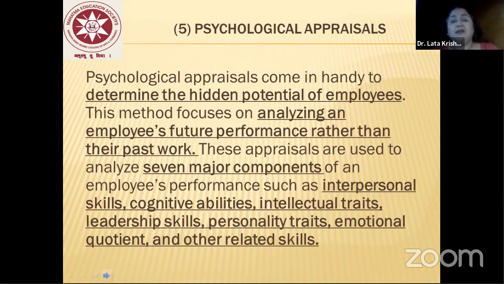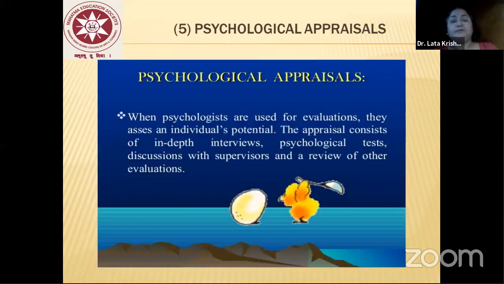All these are important aspects that are studied under psychological appraisal, and this is a very important method of performance appraisal. When psychologists are used for evaluations, they assess an individual's potential. The appraisal consists of in-depth interviews, psychological tests, discussions with supervisors, and a review of other evaluations. All these are the methods in which psychological tests are conducted.